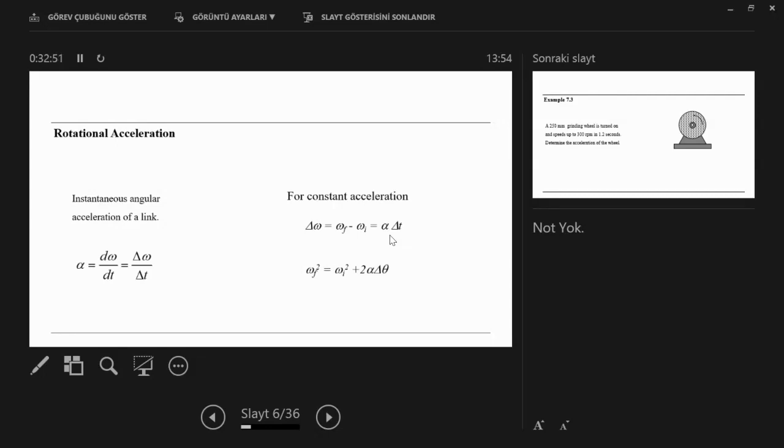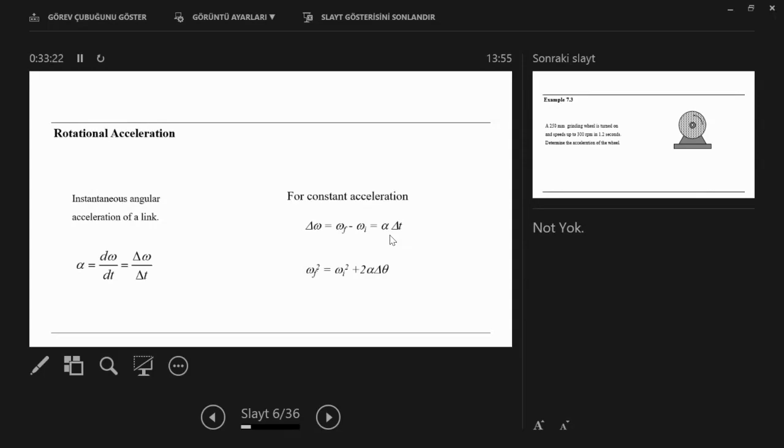So the angular speed omega is equal to delta theta over delta t, and the angular acceleration alpha is d omega dt, or the second time derivative of the angular position, d squared theta over dt squared.